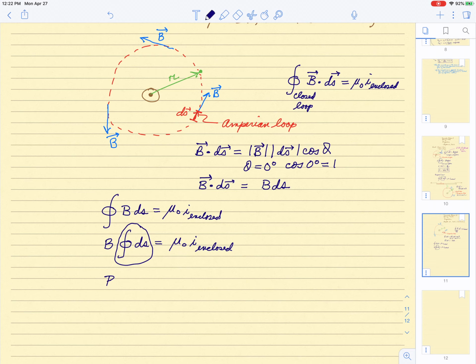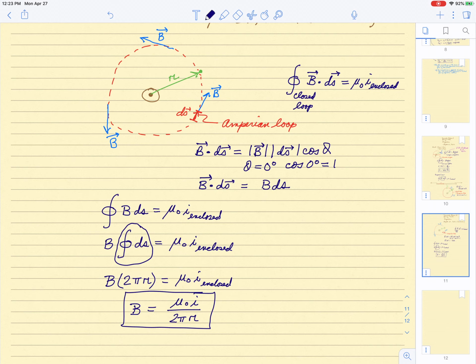So we have B times 2 pi r is equal to mu naught I enclosed. If we solve for B, B is mu naught I over 2 pi r. And that's exactly what we got earlier.